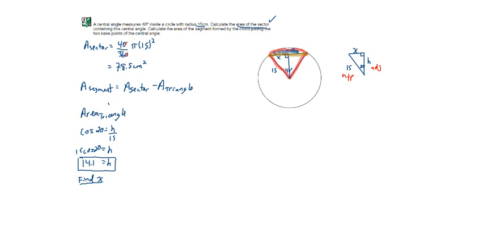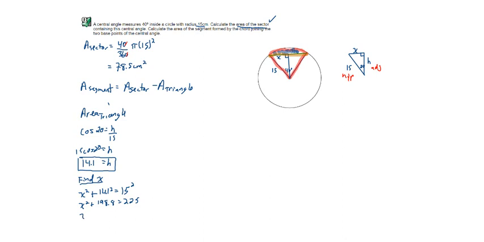So we know that x squared plus the height, which is 14.1 that we just calculated, squared has to equal the hypotenuse squared, which is 15 squared. 14.1 squared is 198.8. 15 squared is 225.